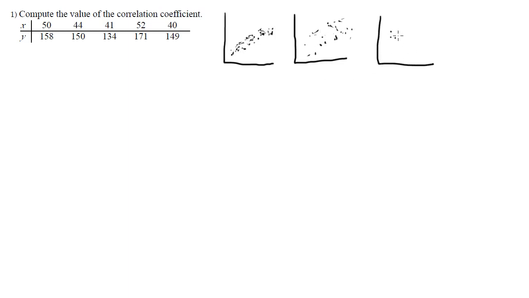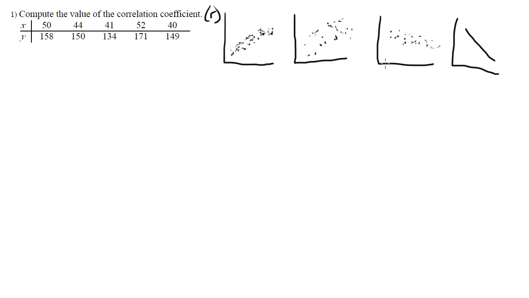Negative correlation would be if I try to draw a line that approximated this relationship, it would be tilting downward and have a negative slope. The correlation coefficient, we use R to abbreviate that. It goes between -1 and 1. -1 means it's a perfectly negative relationship, in effect a line that has a slope of -1.